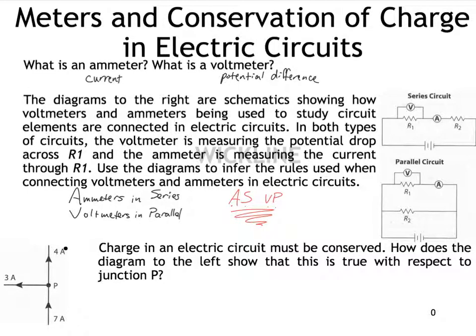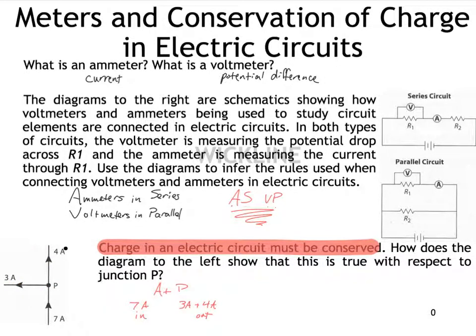All right, and then also on this slide, we need to consider that electric charge has to be conserved. In this diagram, we can show that because we can look at what happens at junction P. At junction P, we have some currents coming in, namely a 7 amp current going in, and some currents going out, namely a 3 amp current and a 4 amp current going out.